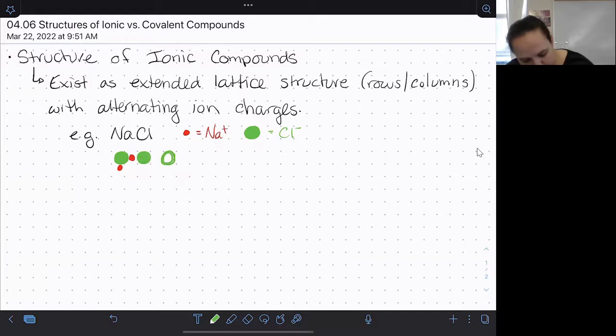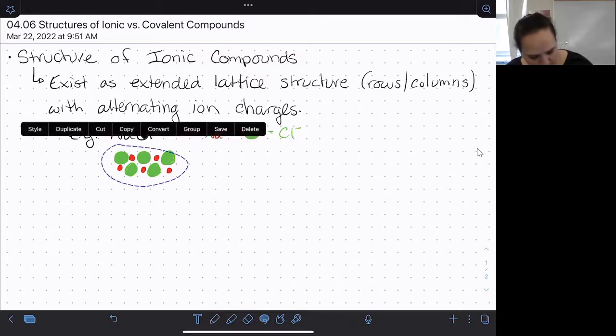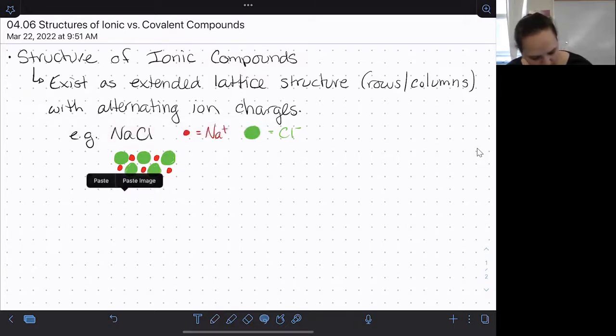I'm just going to draw it in 2 because otherwise it gets real confusing real fast. So you can imagine, I'm going to take the lazy way.